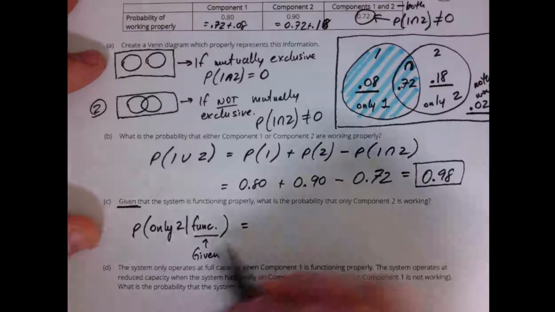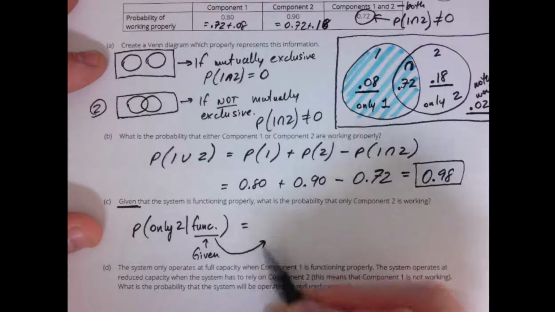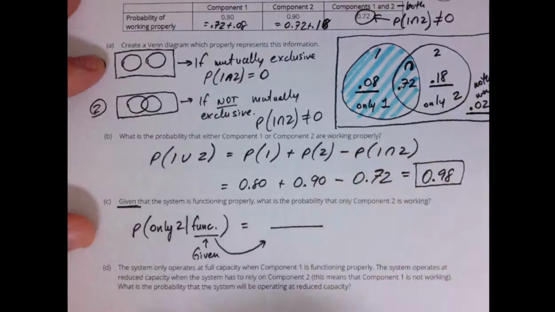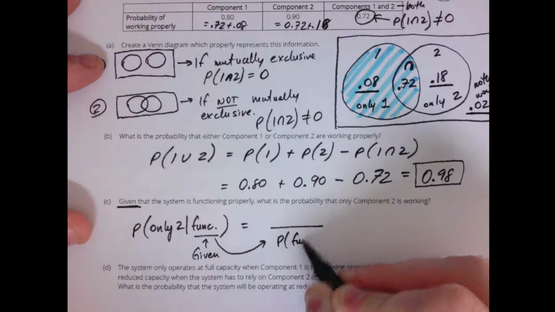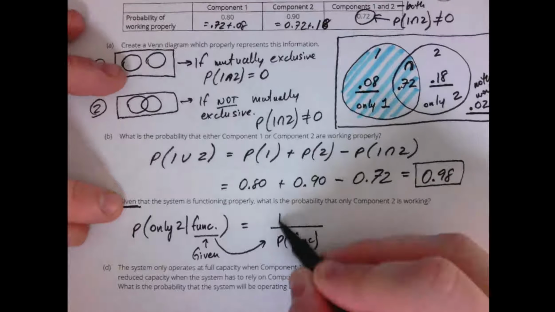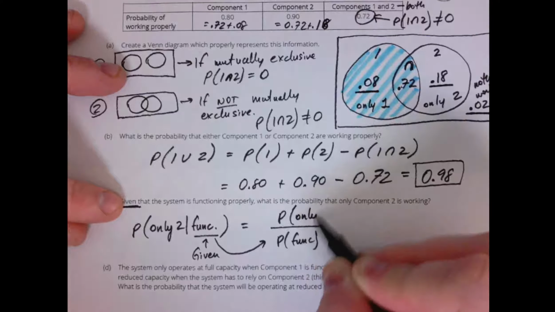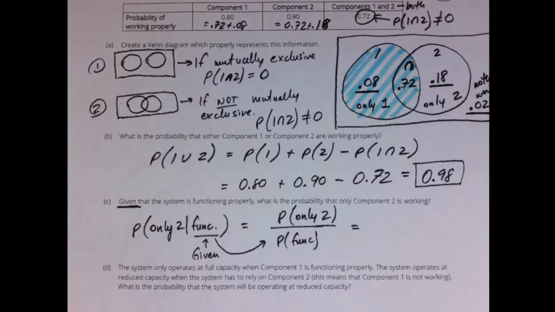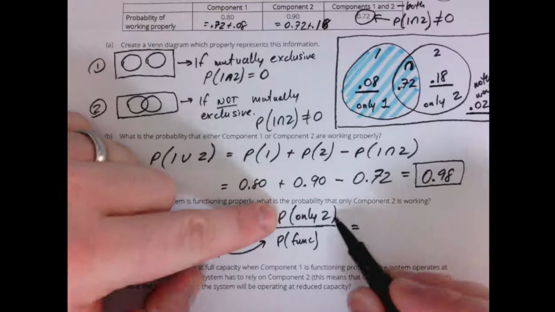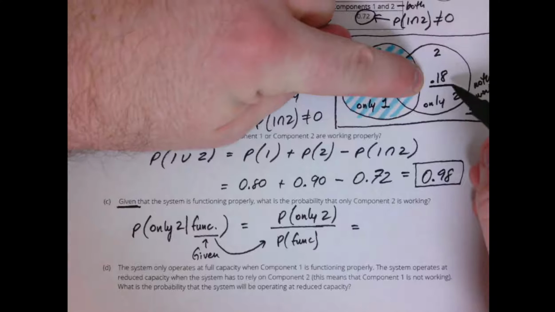Okay, so what's being given becomes the denominator of my function. So the probability that it's functioning, and my numerator becomes the other part. The probability that only 2 is working is this little portion that we found here.